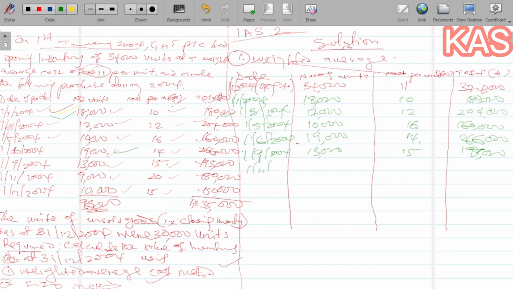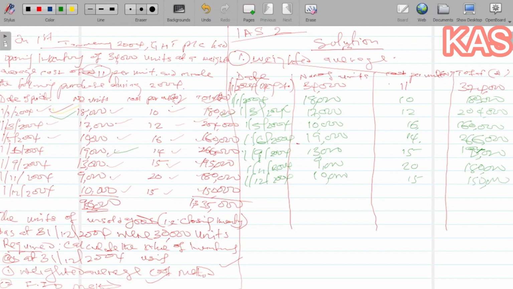Then in November we have 9,000 at 20 naira, that is 180,000. Then on 1st of December 2004, we have 10,000 units at 15 naira, we have 150,000.